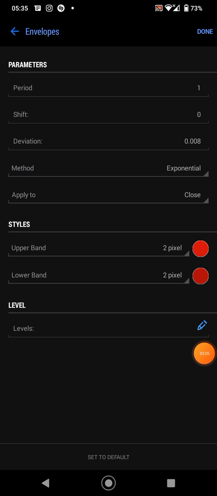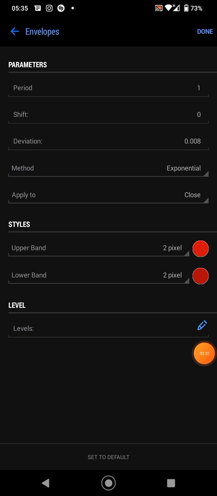Just punch in the same settings: period is 1, shift is 0, deviation is 0.008, method is exponential, apply to close, upper band is red, the lower band is red. I took 2 pixels because I wanted to see my lines very well.